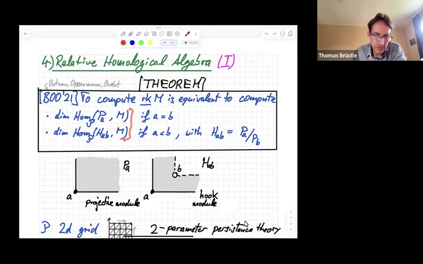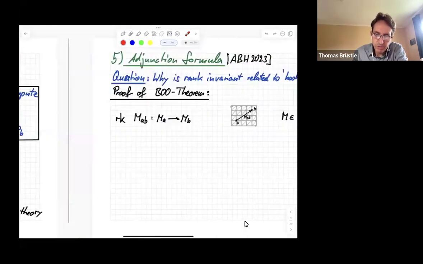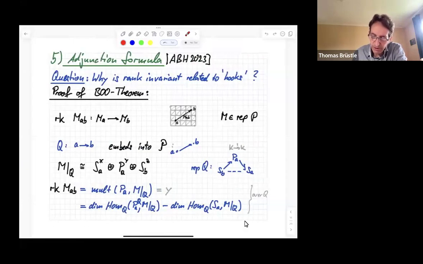However, we compute them over the original poset P, and we are not supposed to compute those dimensions over some smaller quiver Q that we embedded. So now we have to do the lifting. We have to transfer those results, dimensions of Hom spaces, over that sub-quiver Q into the larger poset P.